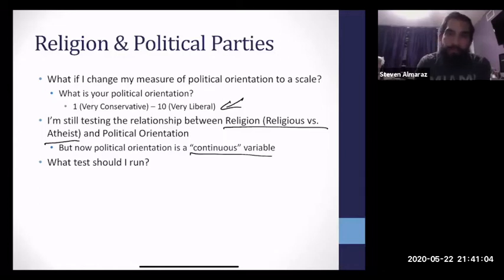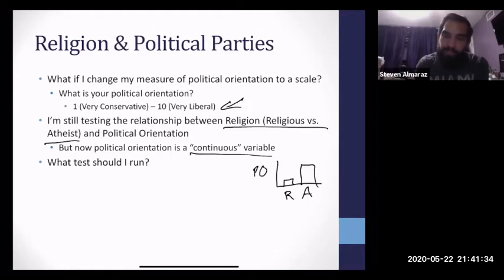In fact, I think a good way to do this is to draw a graph. We have political orientation and religious people, or religious versus atheists. So what if I put religious here, atheists here, and I get a graph like that?